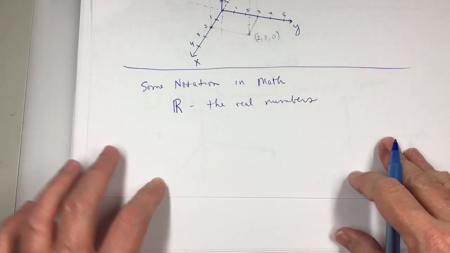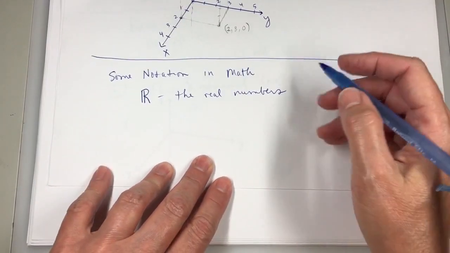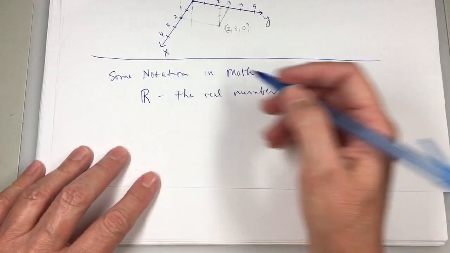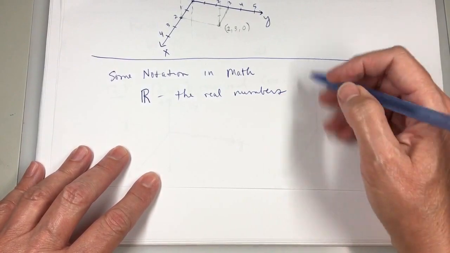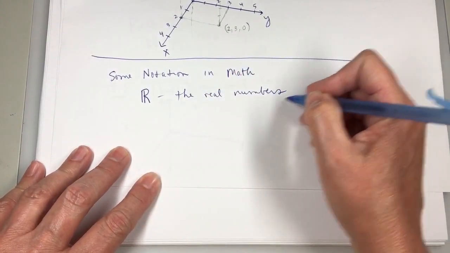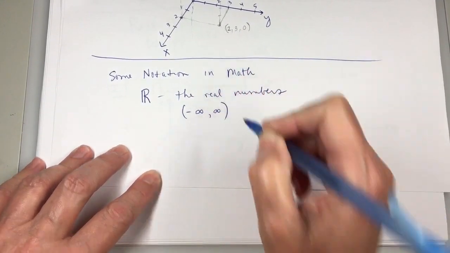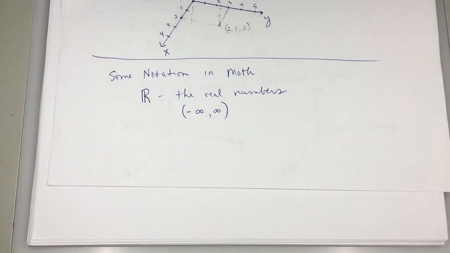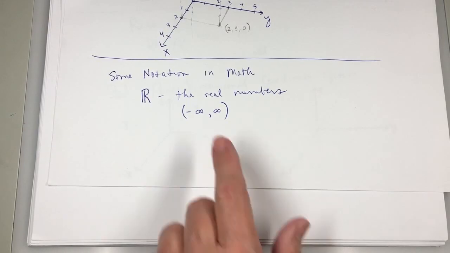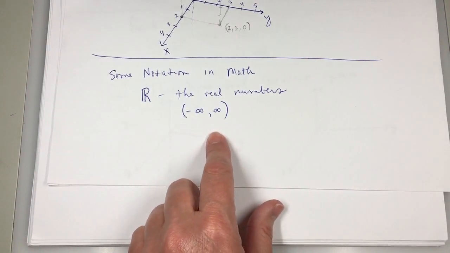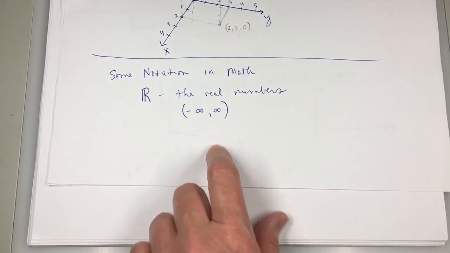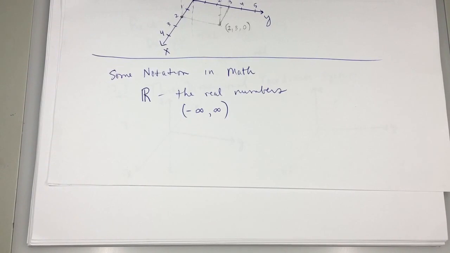When you took algebra, sometimes they would denote this capital R as negative infinity to infinity, if you gave interval notation. That capital R with a double bar, the phrase the real numbers, and this interval notation, they all mean the same thing. And what is this geometrically?